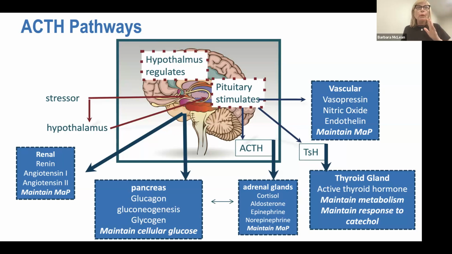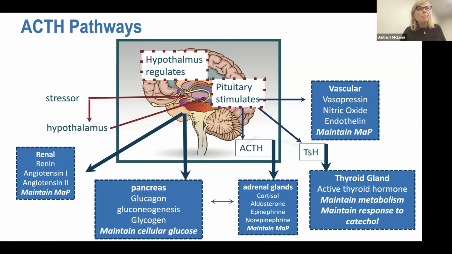So really important when we're seeing a response that we would consider an epinephrine or norepinephrine response, hypertension, tachycardia, always think about the thyroid hormone. When we see hypotension and bradycardia, always think about the thyroid hormone.